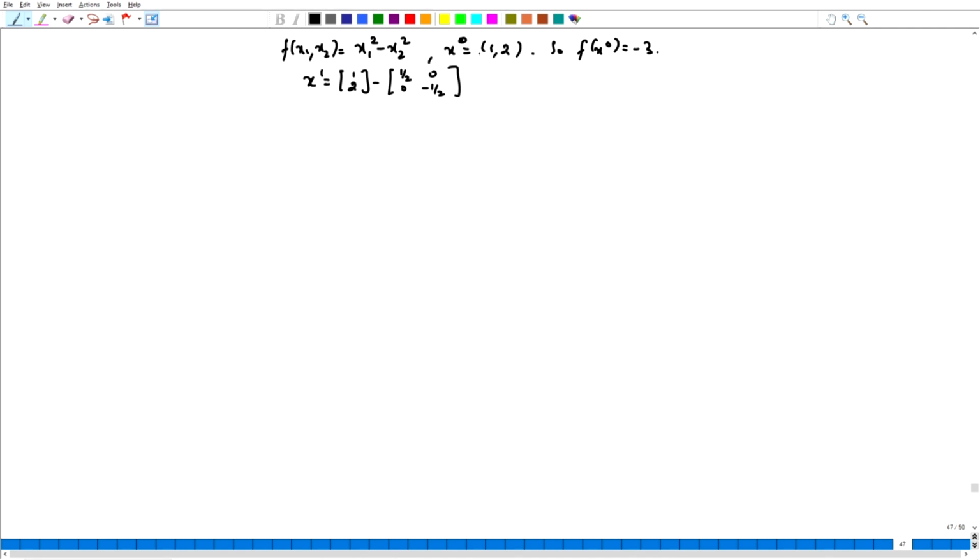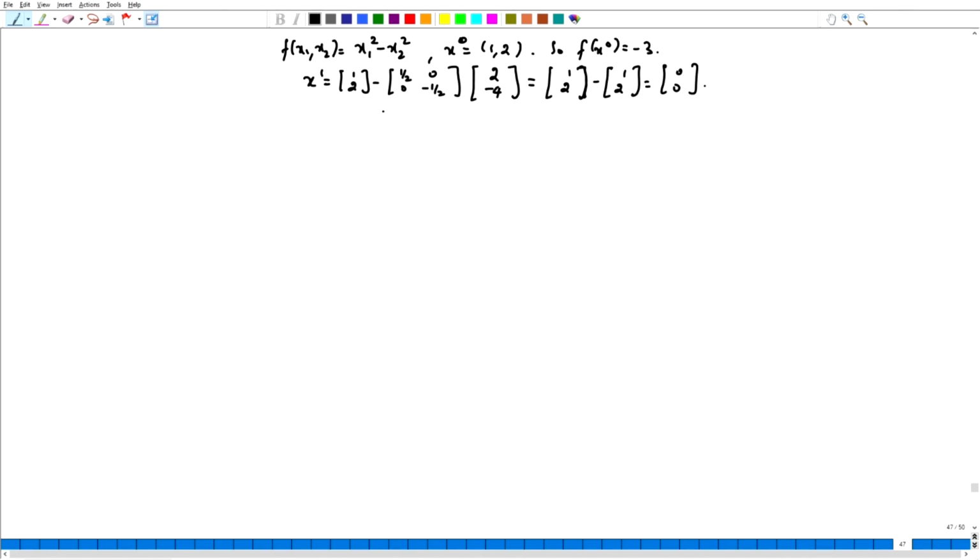So, gk is 2x1 and minus 2x2. So, 2x1 is 2 and minus 2x2 is minus 4. So, that is (1, 2) minus (1, 2), which is (0, 0), right.